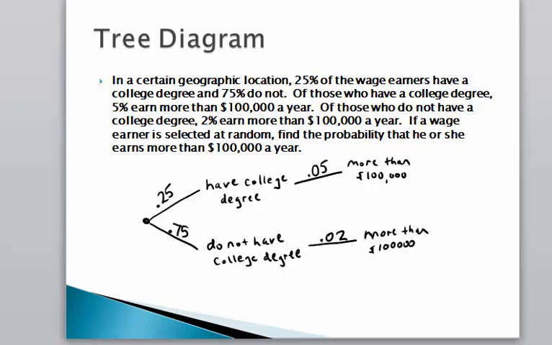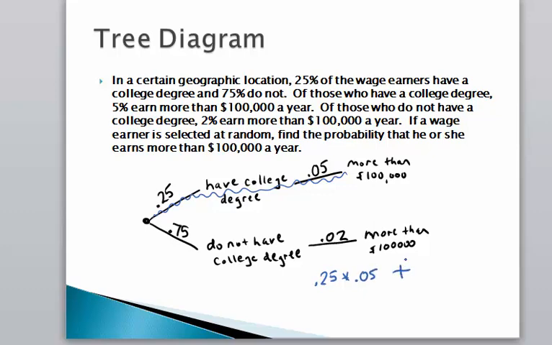If a wage earner is selected at random, find the probability that he or she earns more than $100,000 a year. So again, there are two ways that this can happen. We can go this path, and that would result in having chosen someone who earns more than $100,000. So that is going to be that 0.25 times the 0.05.